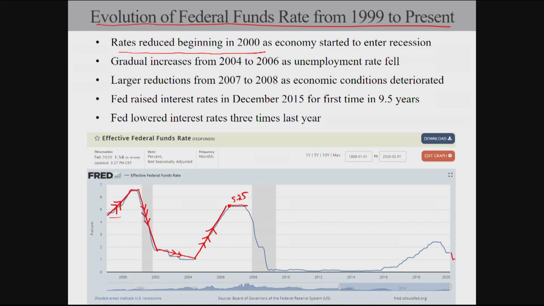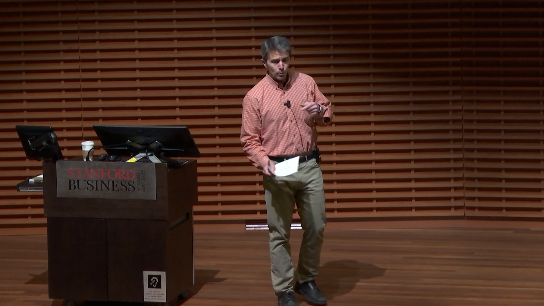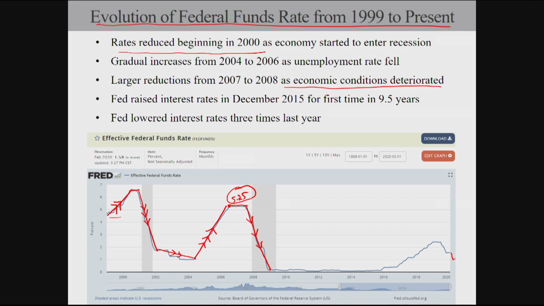And then beginning in 2007, this is when a gigantic cut in interest rates happened over about an 18-month period. There were large reductions in interest rates as economic conditions deteriorated. And one of the things that people who follow the Fed were happy about, when the rate was at 5.25%, was that there was a lot of scope for it to fall further.